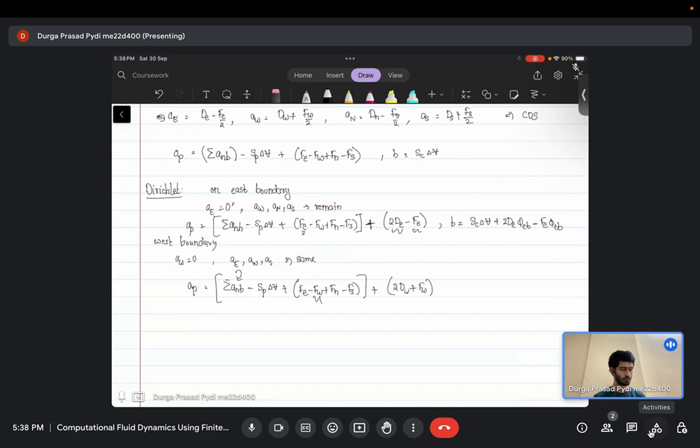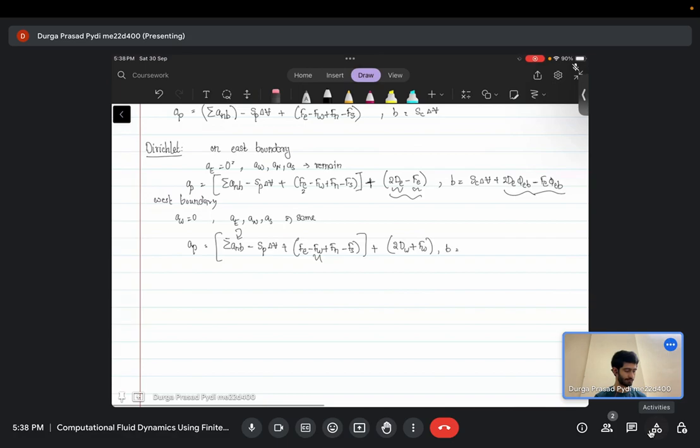So your B term will also get these 2 additional terms. Essentially whatever is your coefficient here times the value of phi on the boundary will be added to your source term. So in this particular scenario you will have SC times delta V, and then you have 2 dW plus FW times phi west boundary. Similarly for the north and the south boundaries. So this is for a Dirichlet boundary condition.